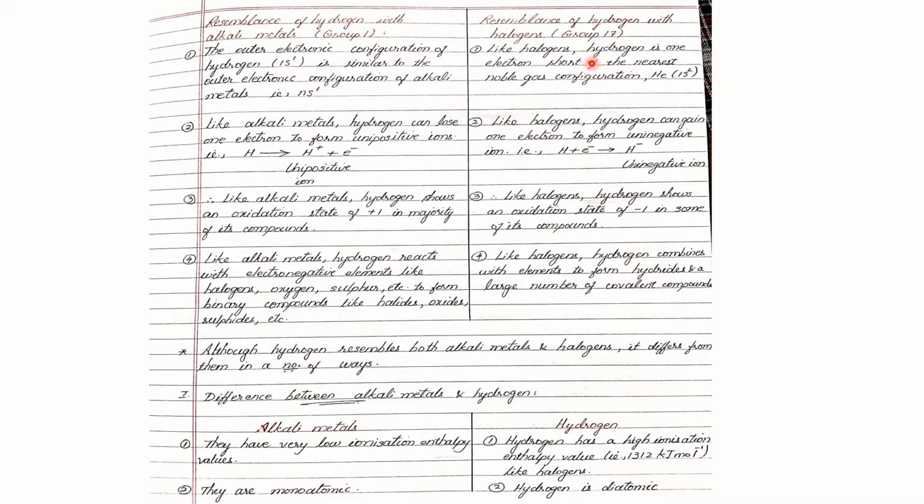We know the electronic configuration of hydrogen is 1s1. If it had one more electron, then it would have had the electronic configuration of its nearest noble gas helium, which is 1s2. So like halogens, hydrogen is one electron short of its nearest noble gas configuration of helium.